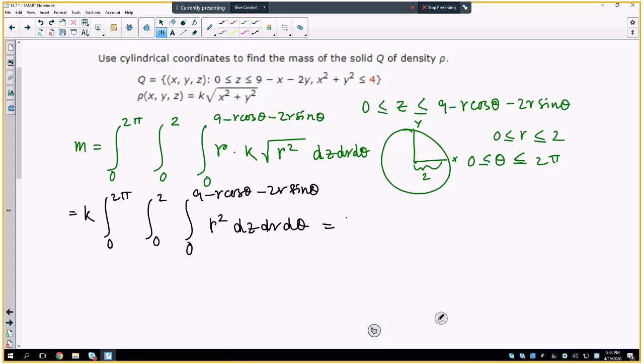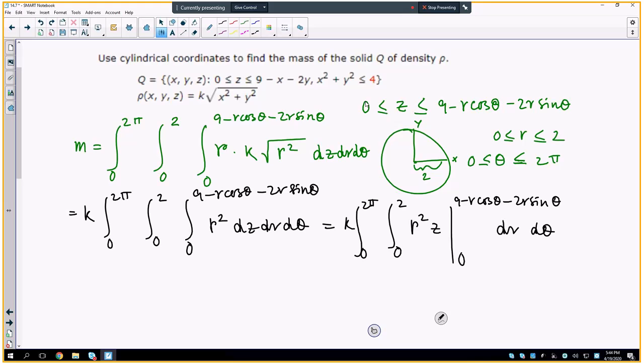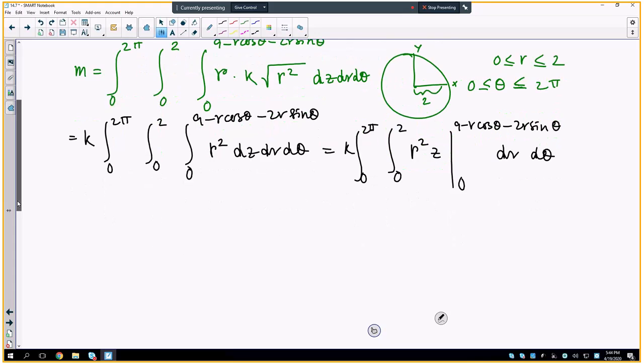So k times the integral 0 to 2 pi, 0 to 2, and when I do the antiderivative with respect to z, I just get z. So it's r squared times z within the limits of 0 to 9 minus r cosine theta minus 2r sine theta, dr, d theta.